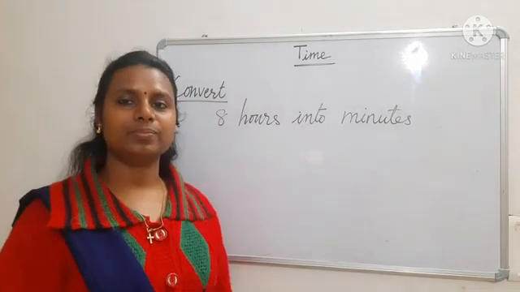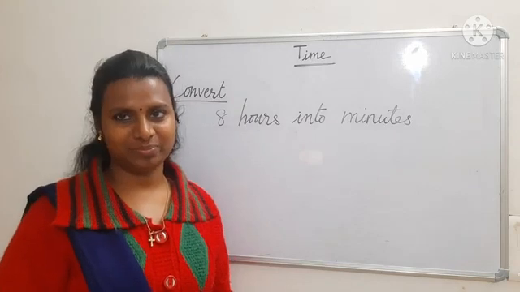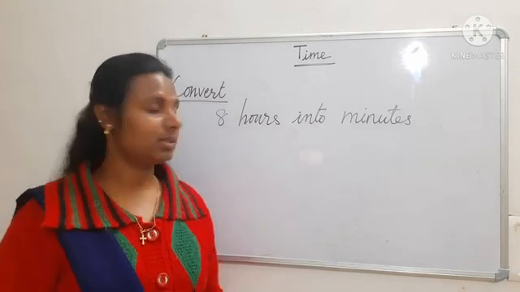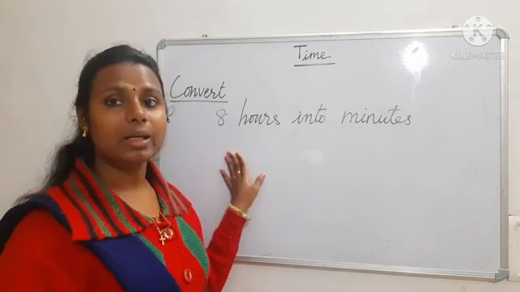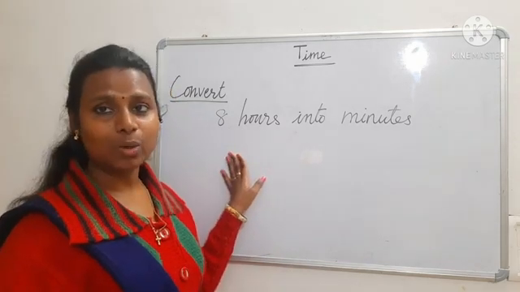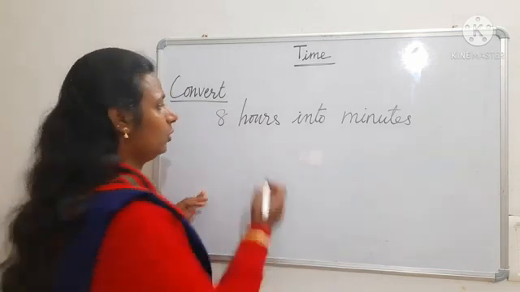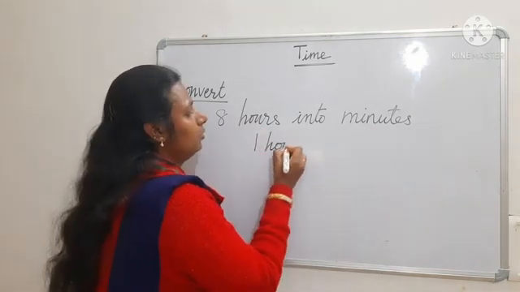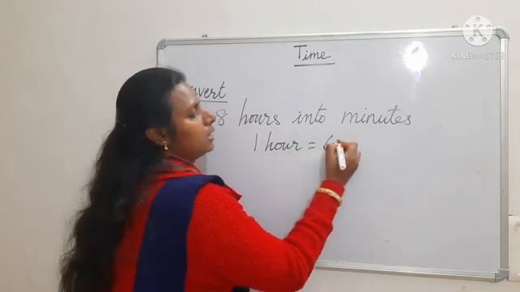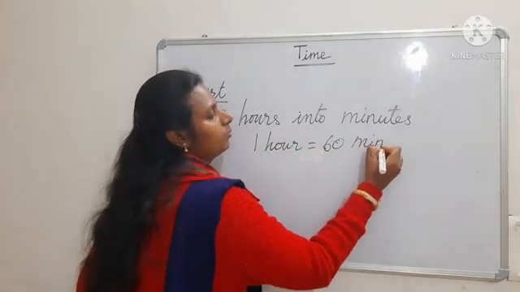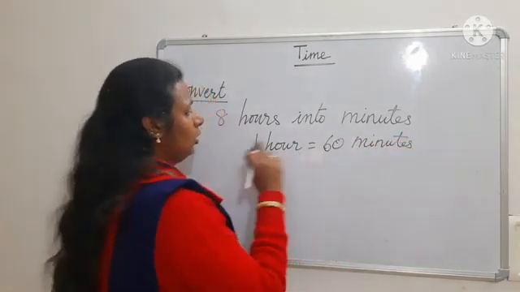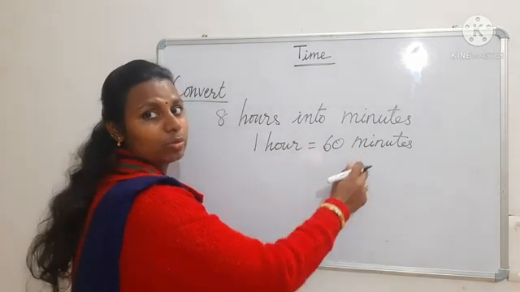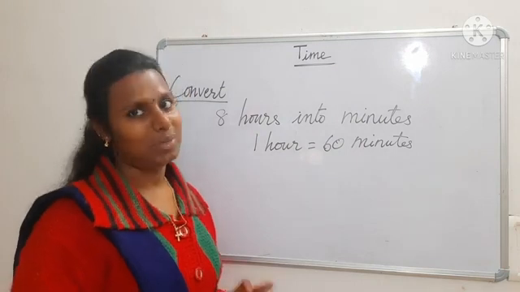8 hours into minutes. Let us write the measures now. Hour and minute, what is that formula? 1 hour is equal to 60 minutes. Now we are going to convert hours to minutes, higher units to lower units, so we have to multiply.